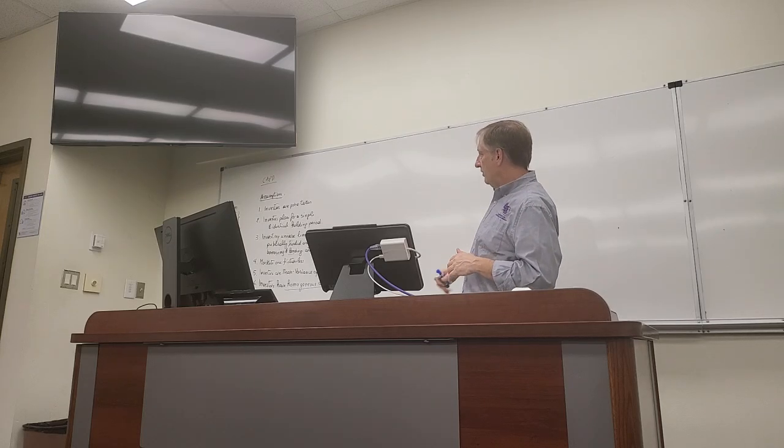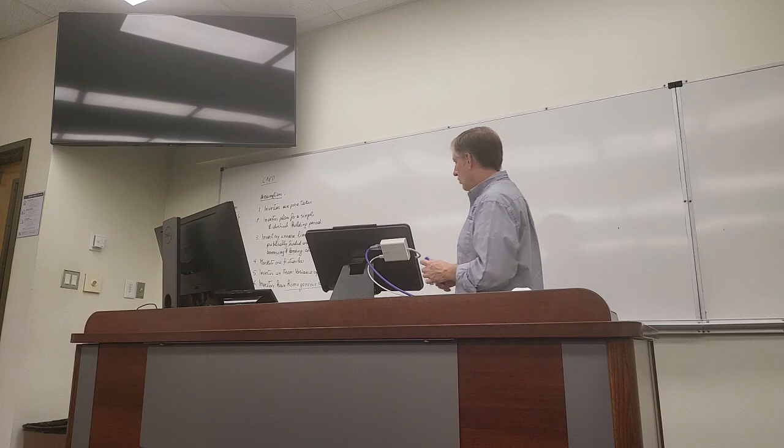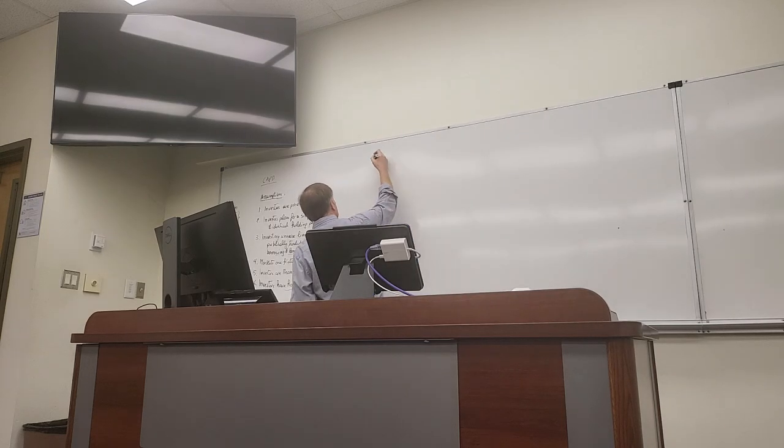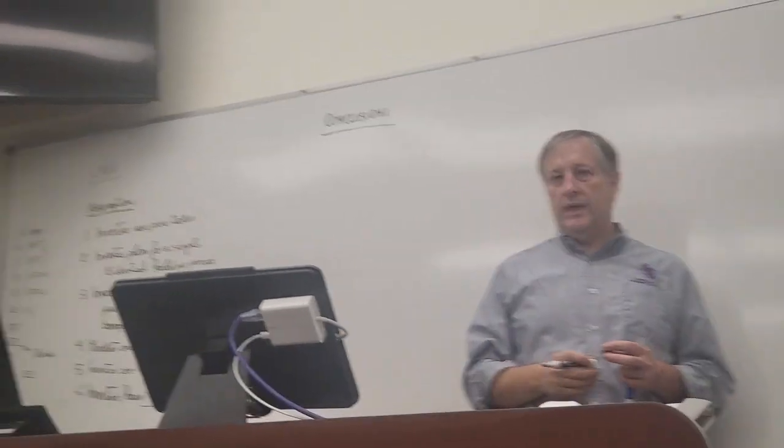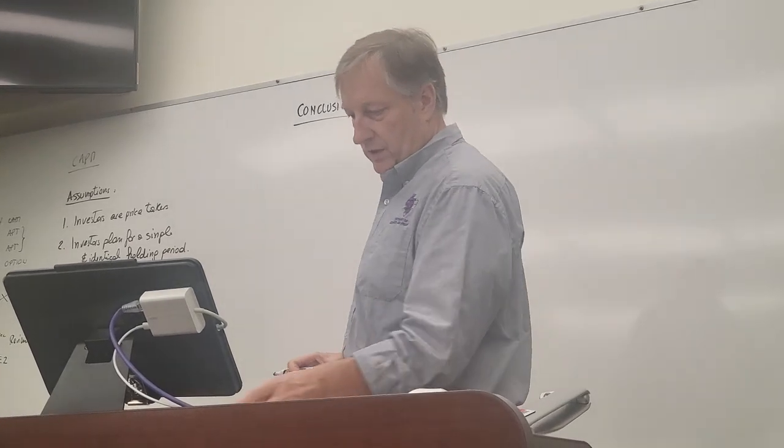All right, so once we have all these assumptions, what are the conclusions? All those conclusions can be proven mathematically. We're not going to do that, so I'm going to give you a list, and then we're going to talk about them.